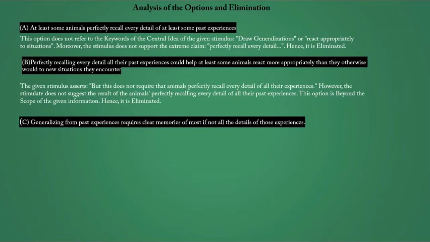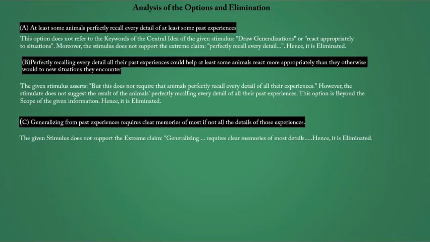Option C. Generalizing from past experiences requires clear memories of most, if not all, the details of those experiences. In this option, you have the extreme word most. Even this is not supported by the given information. Also, the stimulus does not inform what it requires for generalizing from past experiences.